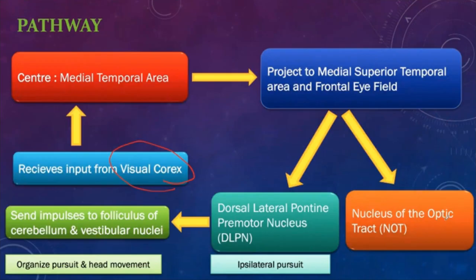Then the other nucleus that will receive impulses from the medial temporal area is called the nucleus of the optic tract, which will be concerned with the optokinetic nystagmus. So the optokinetic nystagmus has a rapid phase and a slow phase, and this slow phase is a pursuit eye movement.